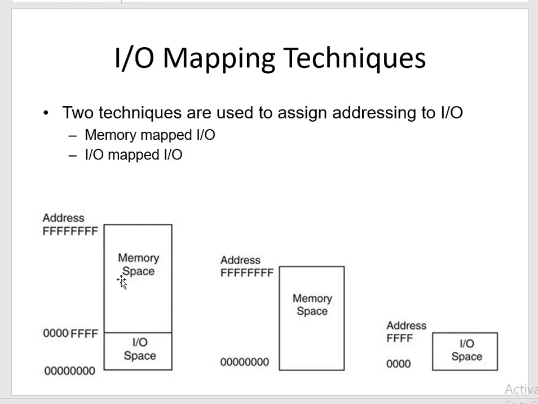So I will try to compare it with an example. Say in any educational institute, if hostel accommodation has to be designed, then there are two ways to assign the hostels to the boys and to the girls.